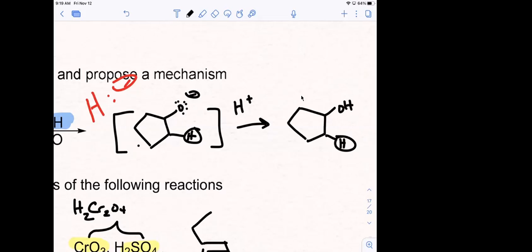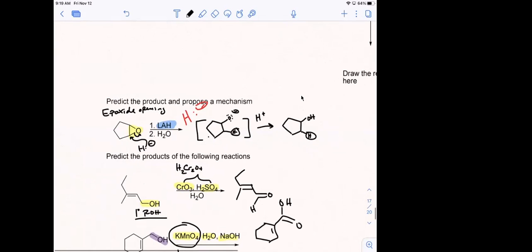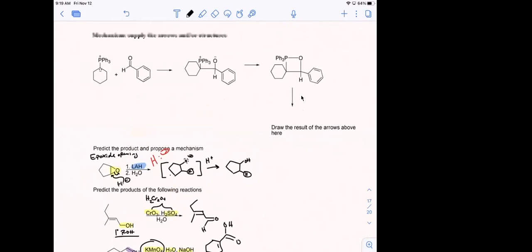So one of the methods for making alcohols is to open epoxides using some nucleophile. But again, those epoxides look unstable because it's a highly strained 3-member ring, but you'd be surprised at how robust they are. They can hold up under a lot of different conditions.